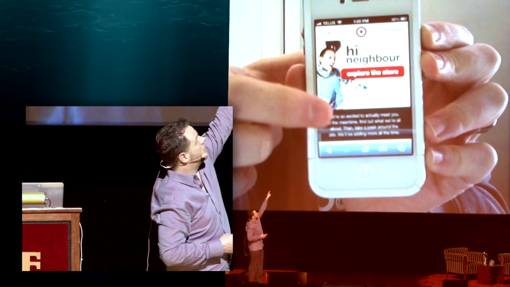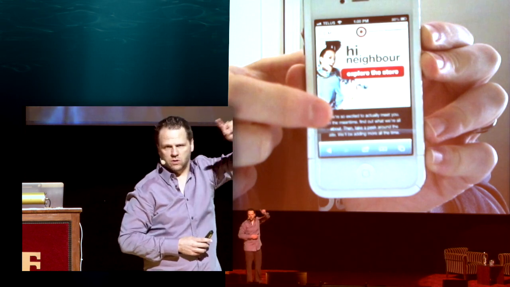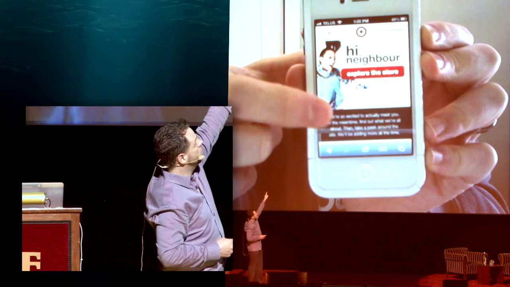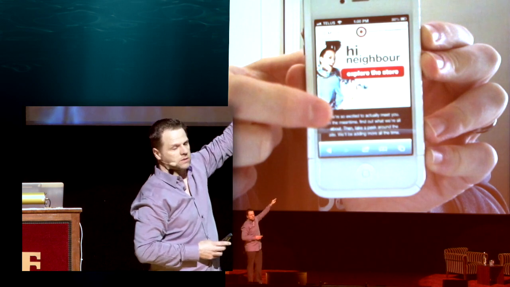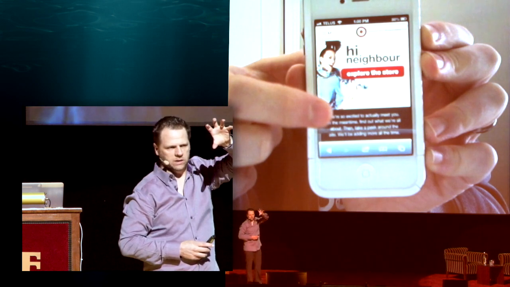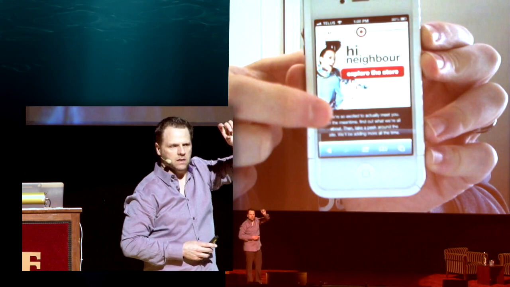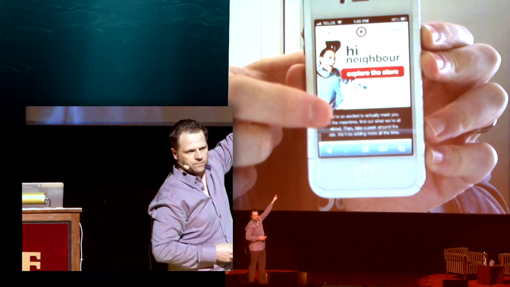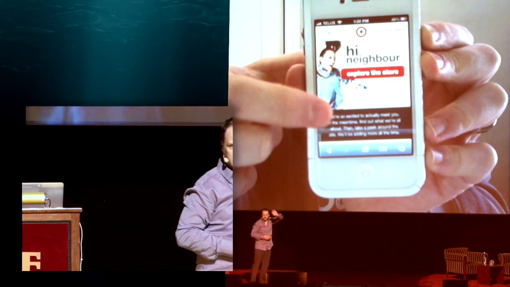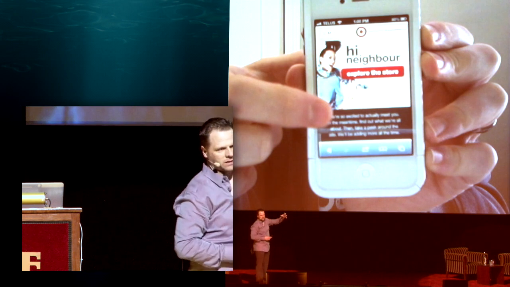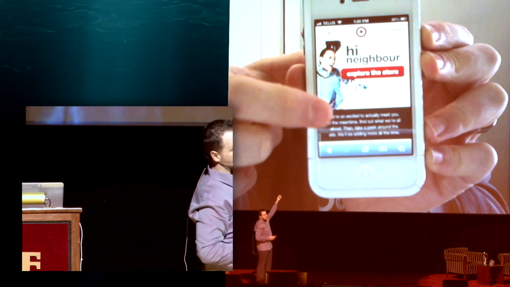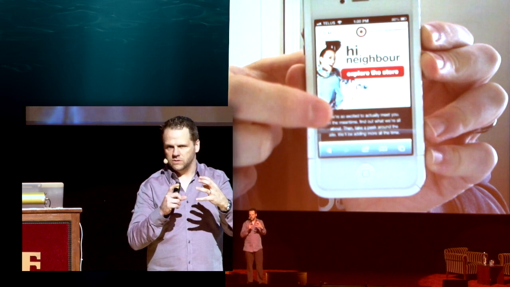So that VoiceOver cursor that you can see is what it looks like when you're focused on that particular logo in the middle of the screen. And that's because the words are hidden with a particular technique. So the logo is showing, but the focus is on the words.